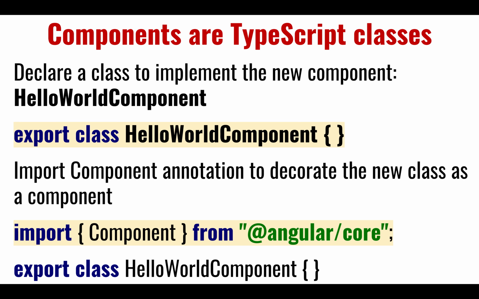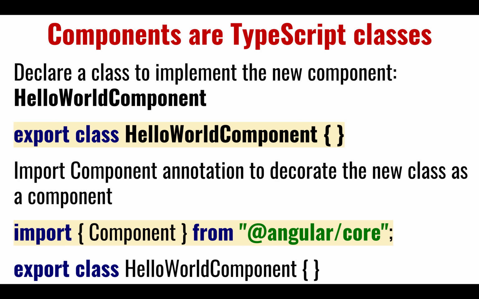So to create a component, very similar to what we had in React, we do an export class hello world component. Here we don't have to specify a package name like we did in React, where we have to say export default class. Here by default you are already in the default package.